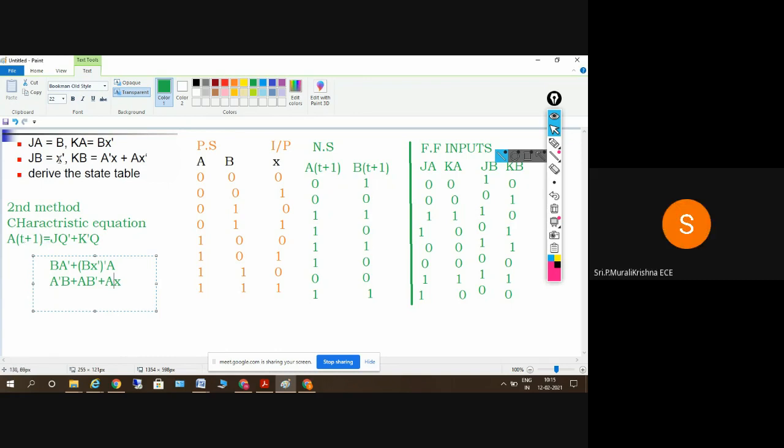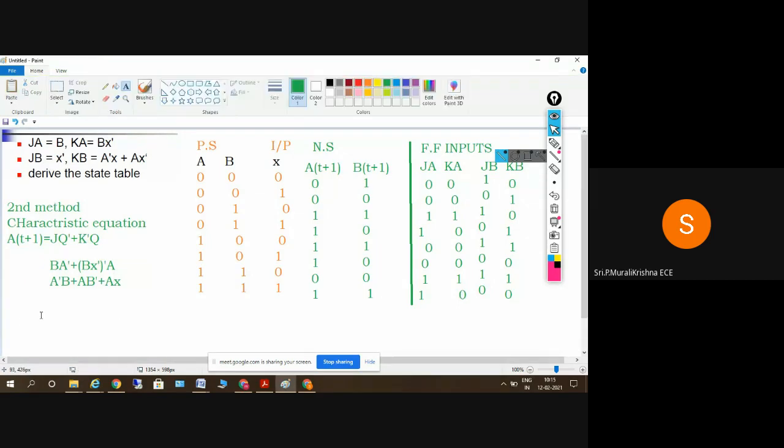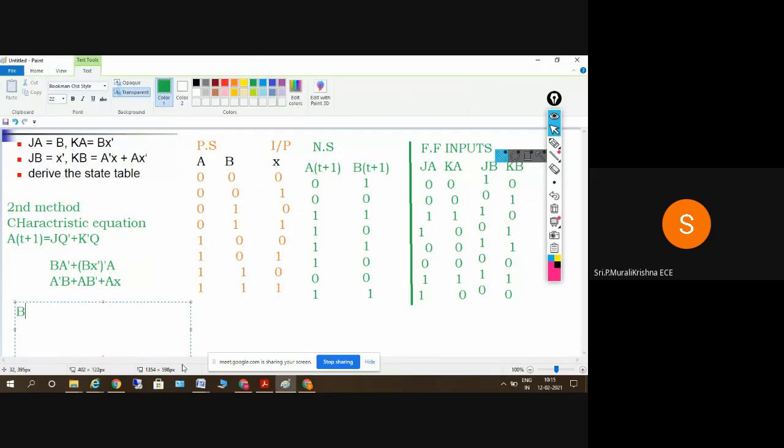In a similar way, we'll write the values for the second one, B of T plus 1. What can I write here?